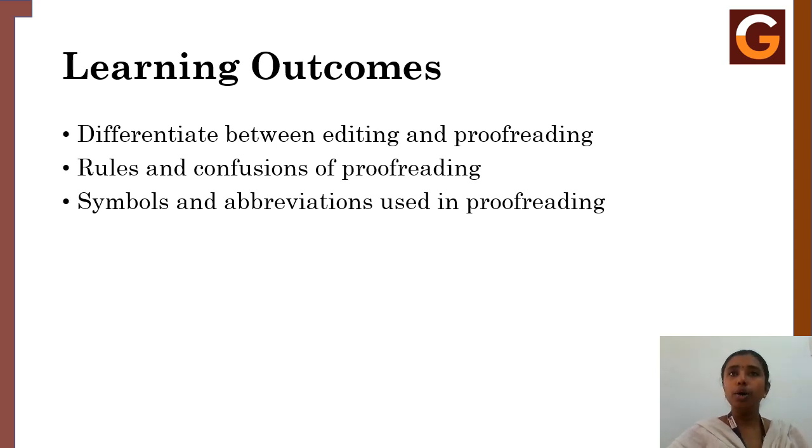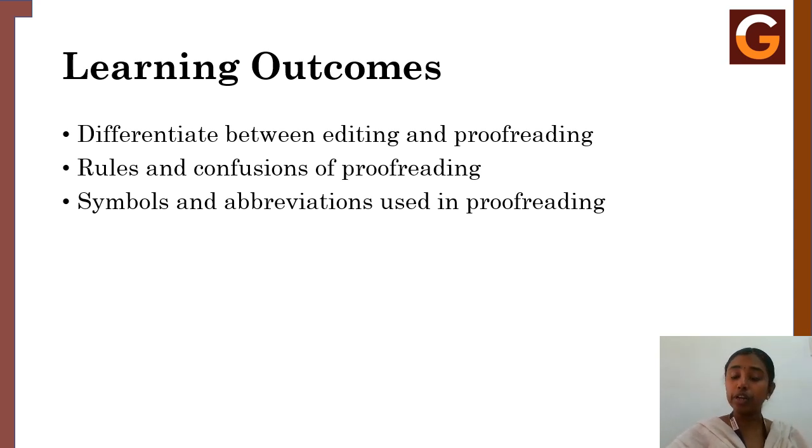Proofreading is done at the end of the process of writing, after drafting the rough draft, so it involves certain symbols and abbreviations that a proofreader uses in order to notify the errors.